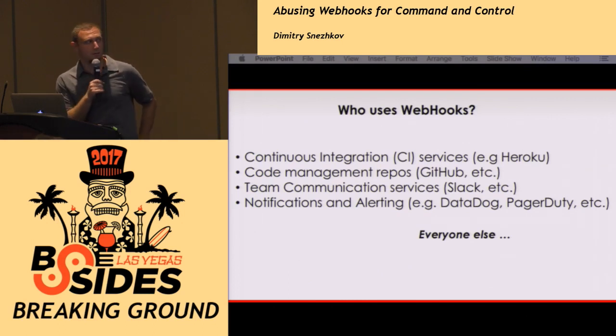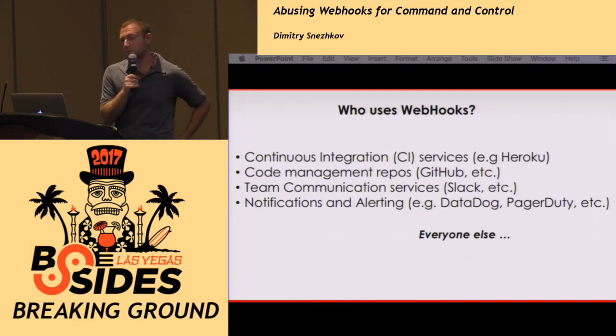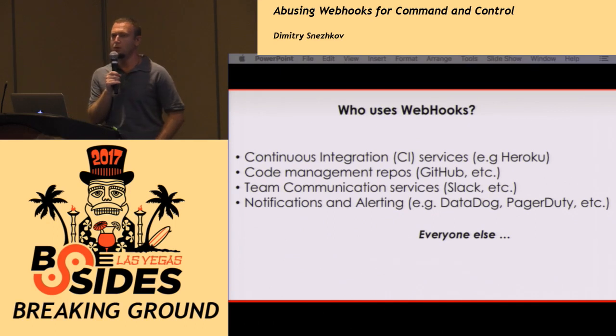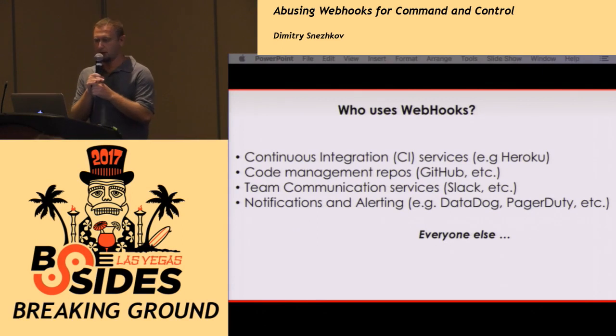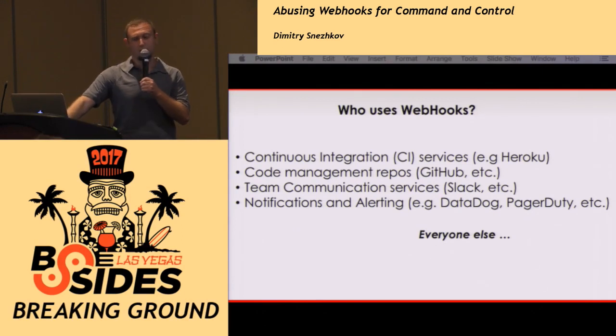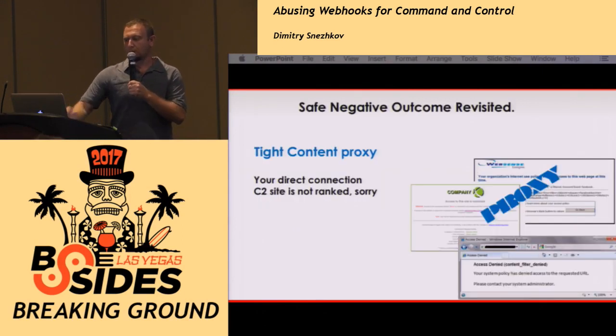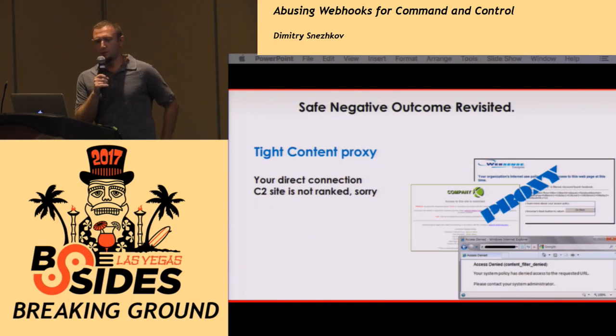So webhooks are being used everywhere now. Continuous integration, code repository, Slack, anything that has to do with monitoring of your network for events, for any kind of notifications and alerts. So it's cool, but we're still here, right?